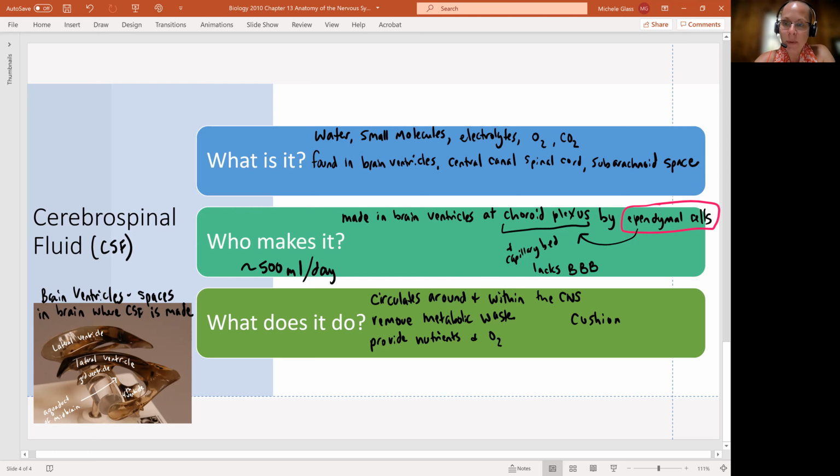And it's also suspending the brain and the spinal cord. When we think about our brain, the head is like 9 to 12 pounds, so super heavy to lug around all the time. Suspending that brain in a fluid makes it more buoyant and actually reduces the weight we have to carry around. So that's an important aspect as well.